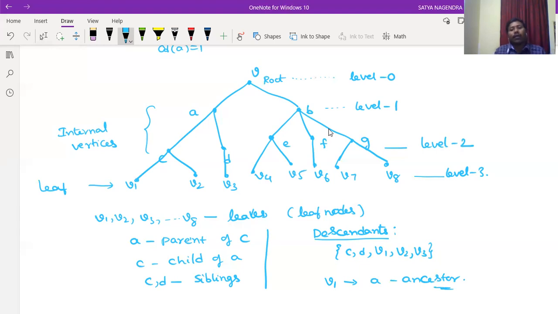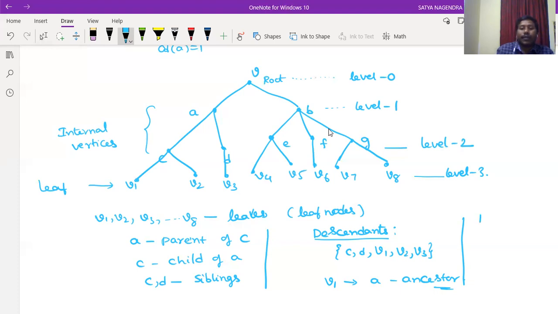Next, height of a tree. We have terminology like level of a vertex, and height of a tree. What is the height of a tree? It is defined as the maximum level of any vertex that we have in a rooted tree.